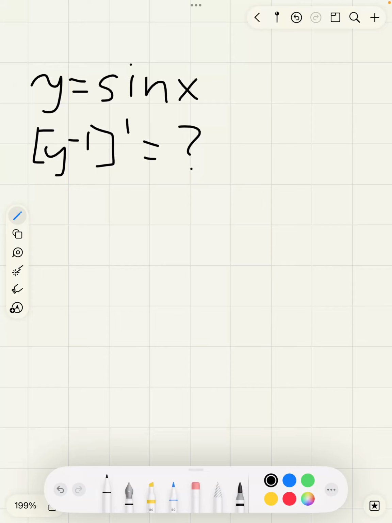We learned that rule last time that the derivative of an inverse is the reciprocal of the derivative of the original evaluated at the corresponding point, so switch x and y.